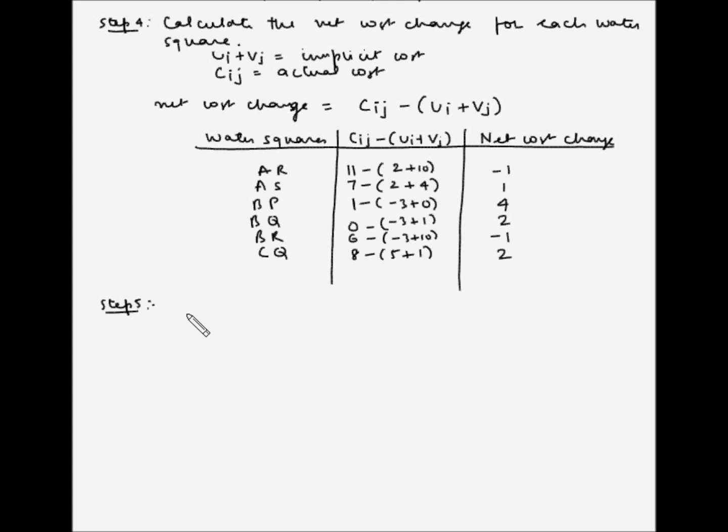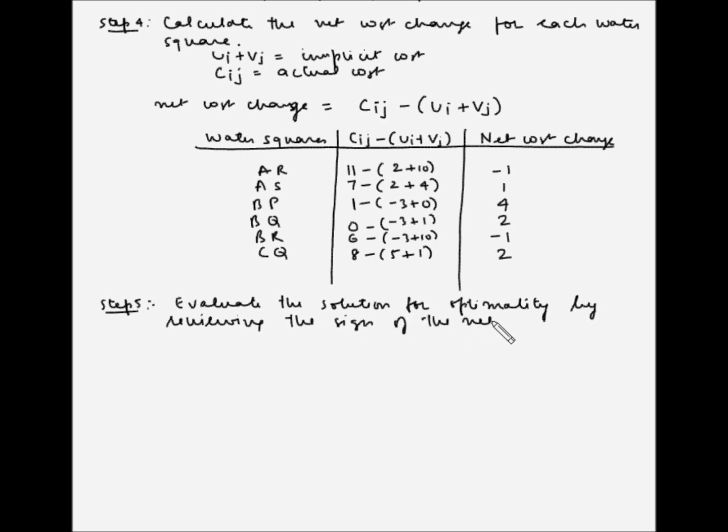Step number 5 says evaluate the solution for optimality by reviewing the sign of the net cost change values.